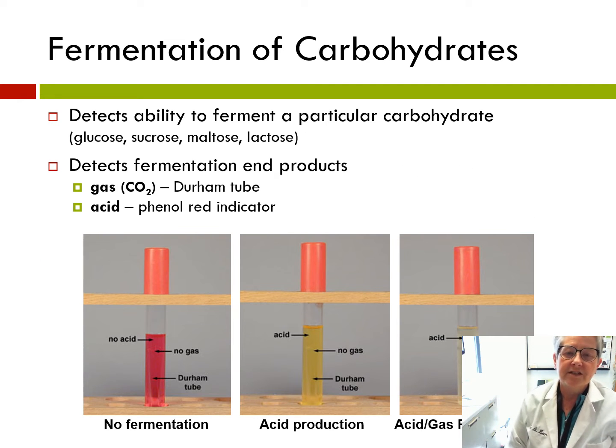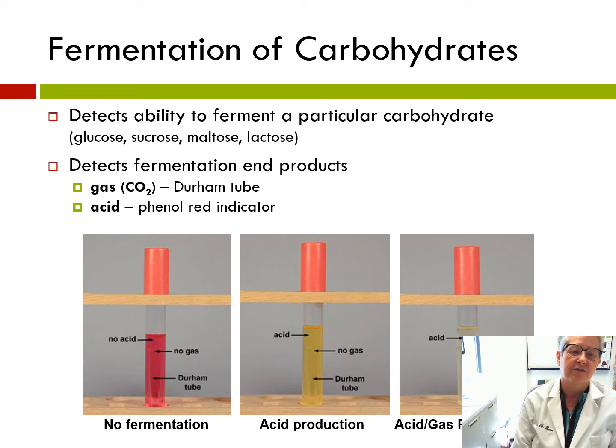So the fermentation of carbohydrates. As I said, this detects the ability to ferment a particular carbohydrate. We will look specifically at glucose, sucrose, maltose, and lactose, but there's a whole host of other carbohydrates that can also be tested. And we're looking for the end products of fermentation. That is, can this bacteria produce gas in fermentation? And if so, it will collect in a little tube in our tubed media.